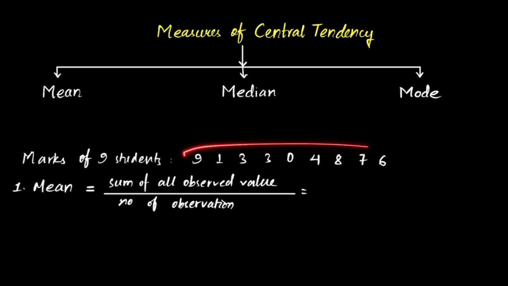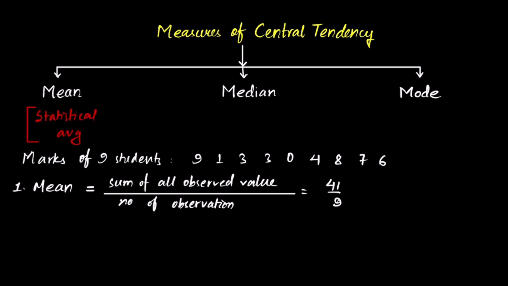In order to find the mean of all these marks, all you have to do is sum them up and then divide by the total number of students. That way you will get 41 divided by 9. In a sense, mean is nothing but your statistical average.